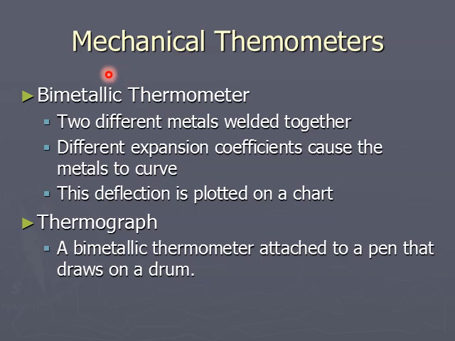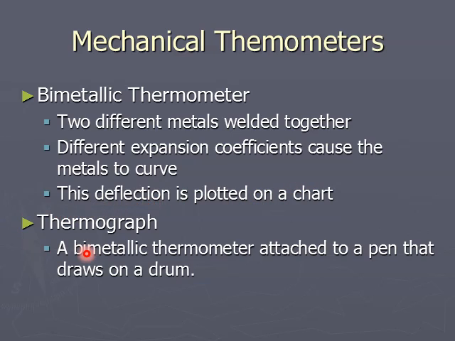You have what's called a bimetallic thermometer. You have two metallic materials that are stuck together that expand and contract differently depending on the metal used, and this will deflect this piece of metal as it heats up and cools, and then this deflection can be plotted on a chart.